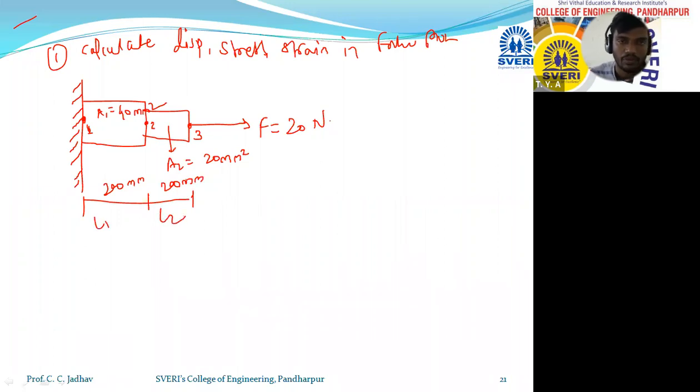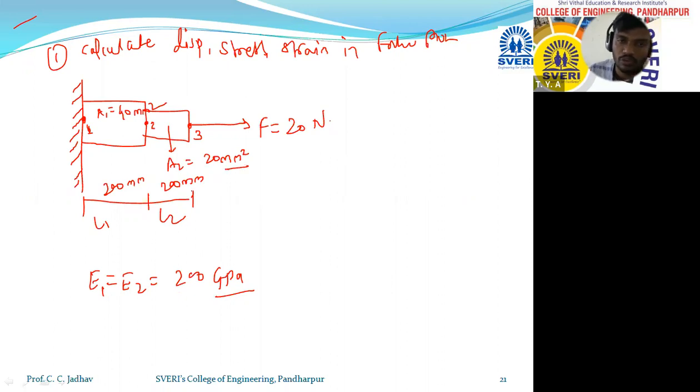Okay, and the second given data, the Young's modulus value for both elements, E1 and E2, is 200 gigapascal. Okay, gigapascal, and here you can see all the units are in mm.